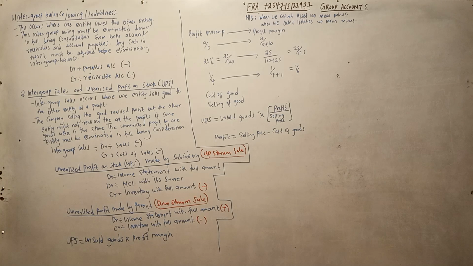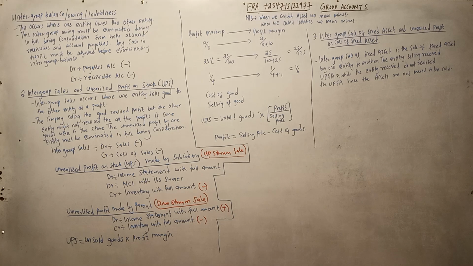We can go to the next item, and that item is intergroup transfer of fixed asset and the unrealized profit on fixed asset.